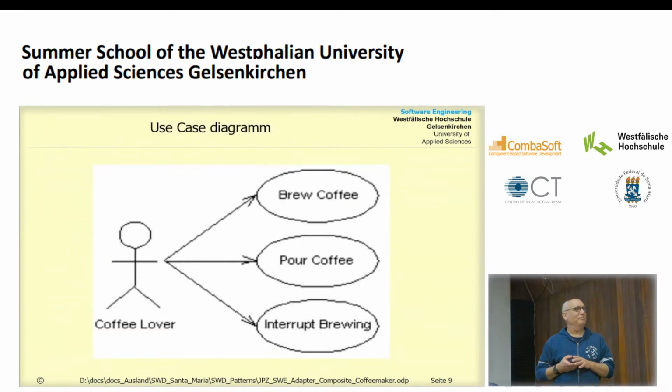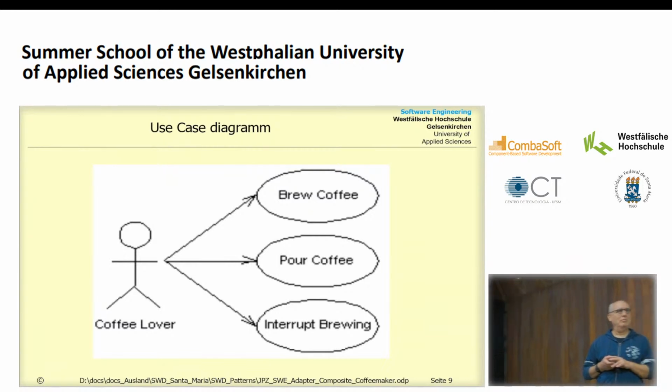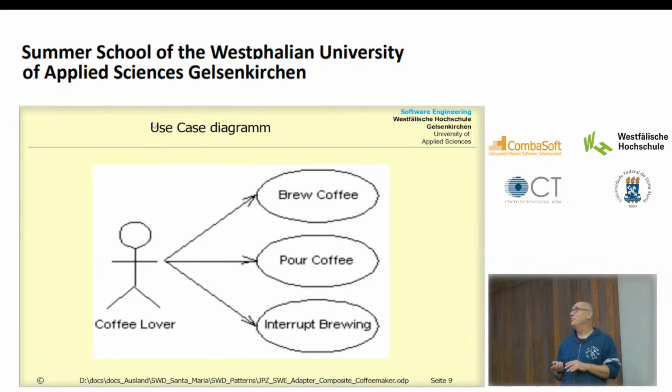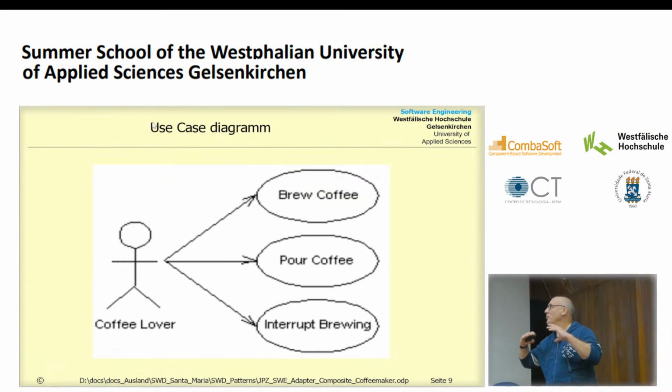Use case diagram. You know it? No? Okay. It's one of the UML diagrams, and we have here the use cases. On a very high level, we describe what the system will do.